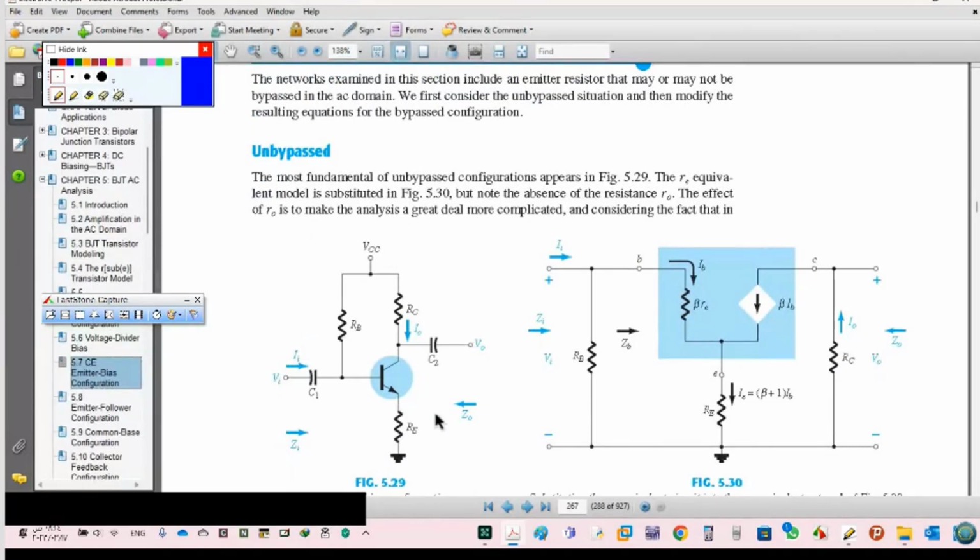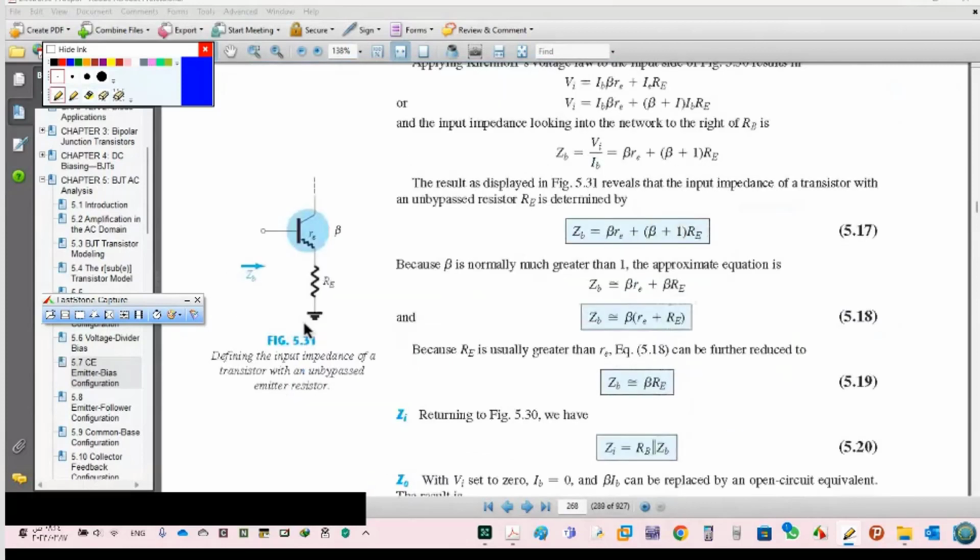Unbypassed means we don't have any capacitor here, so this RE should enter into our consideration. You see, we don't have any capacitor. This case we don't prefer to use, so we will not study it. You are not responsible for this one in the exam. What we have to study is the bypassed case. Bypassed means this RE will be short circuit, so the unbypassed case will be cancelled.